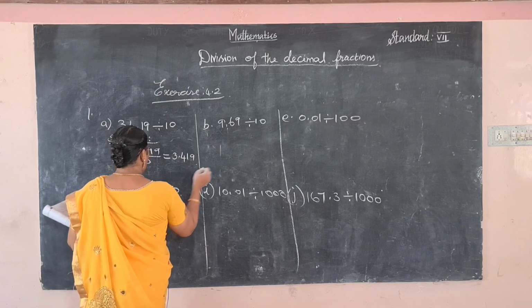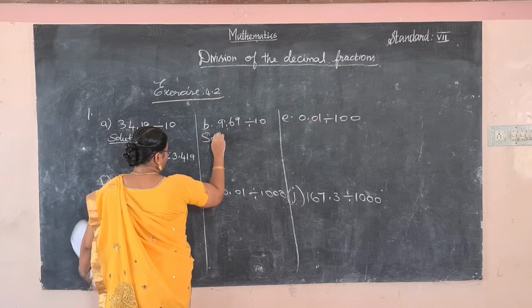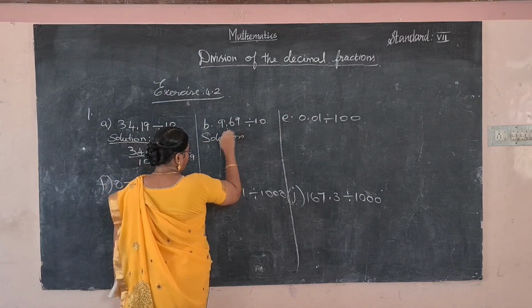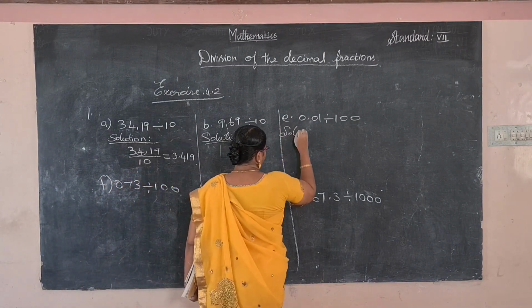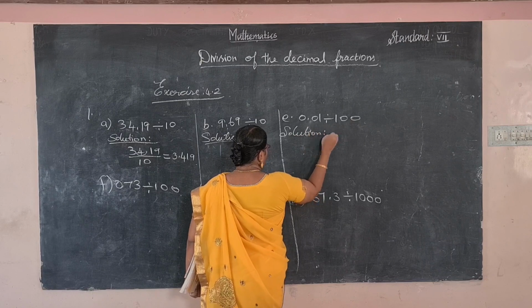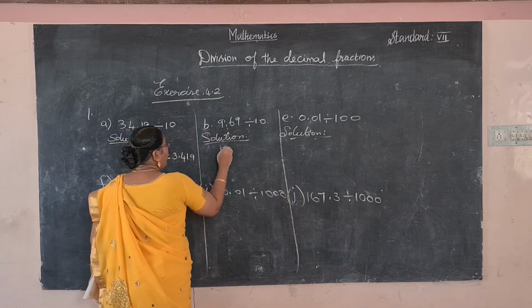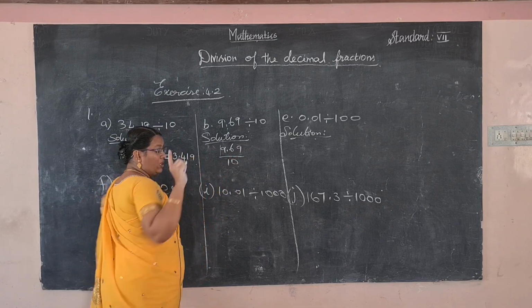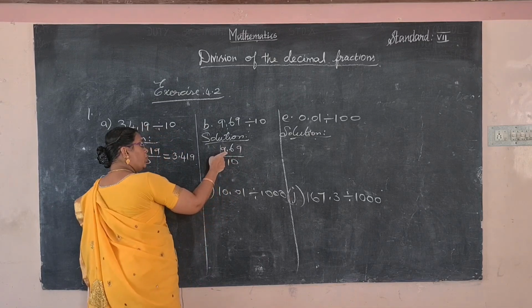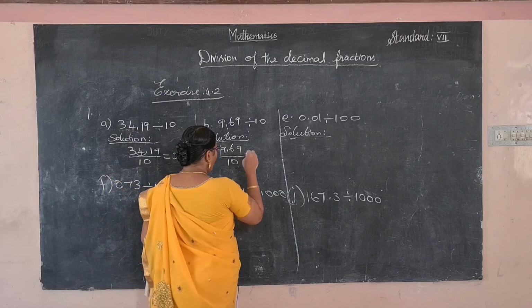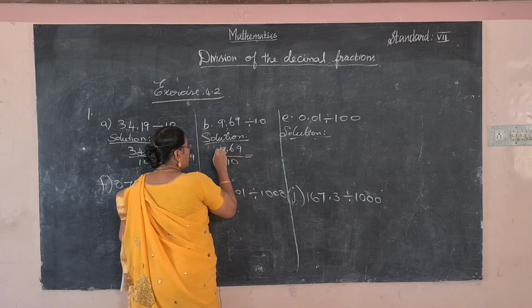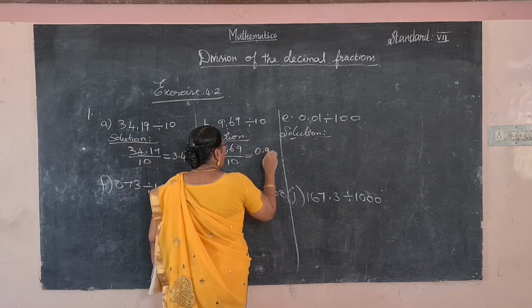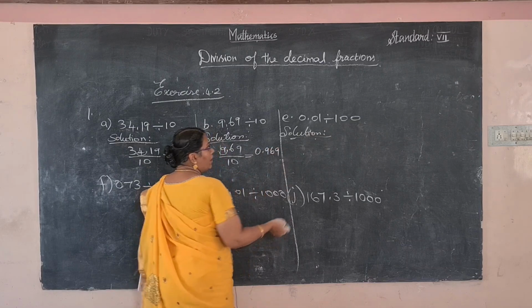Okay, and next one, 9.69 divided by 10. So the divisor has only 1 zero. So the decimal point moves to the left side 1 place. So 0.969.